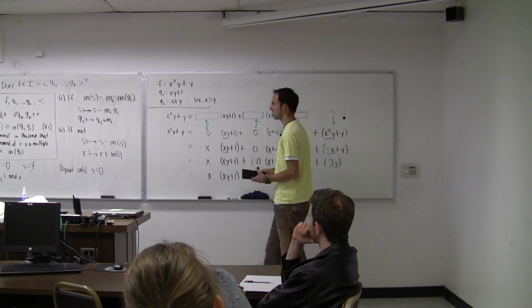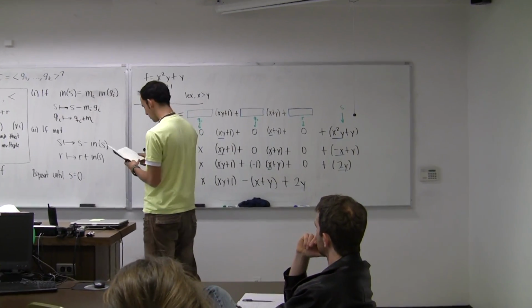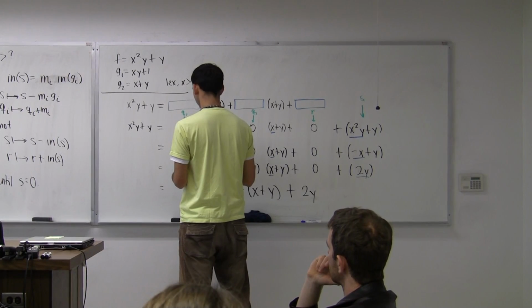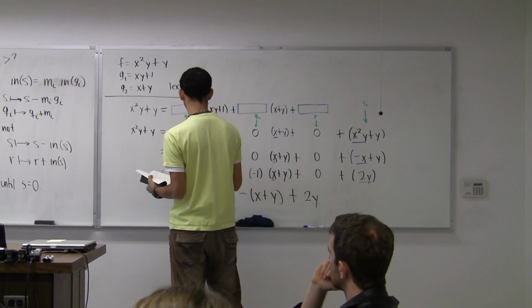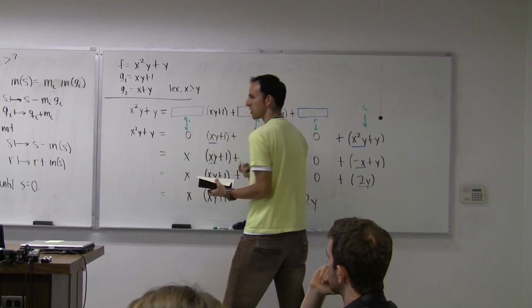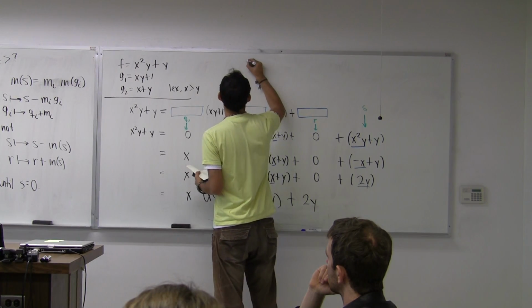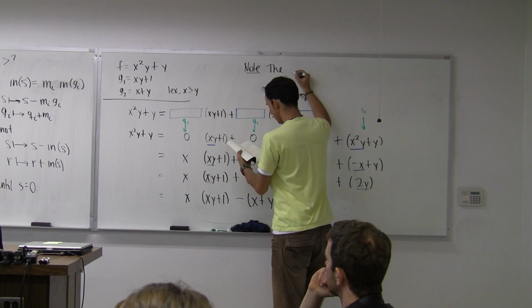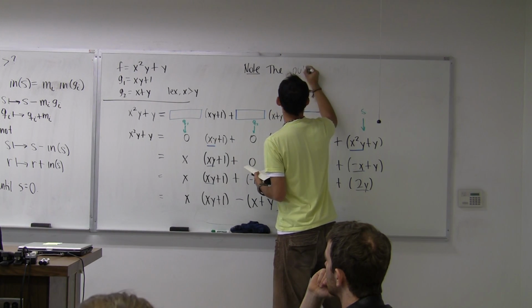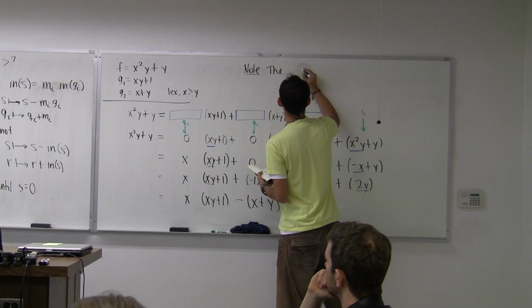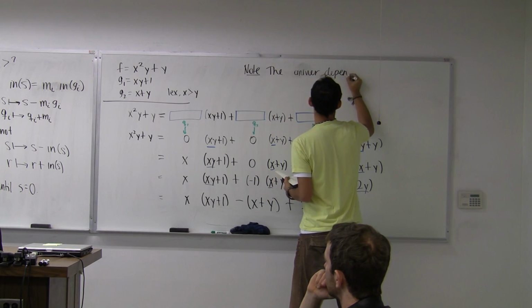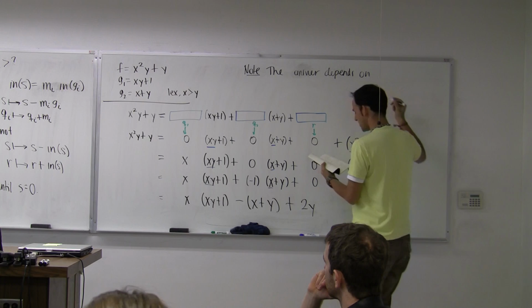And so that's the next remark that I was going to make, which is that if you pick a different order, you're going to get a different answer. So note the outcome, say the answer, depends entirely on the choices that you made along the way.